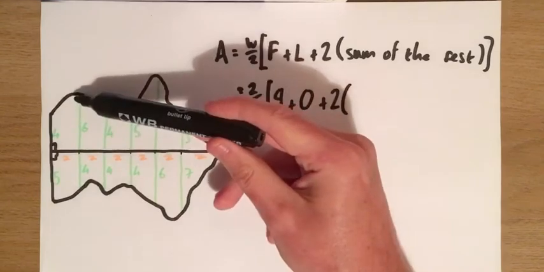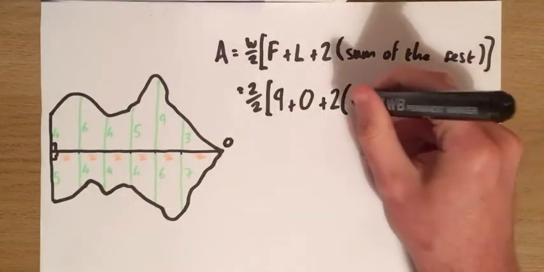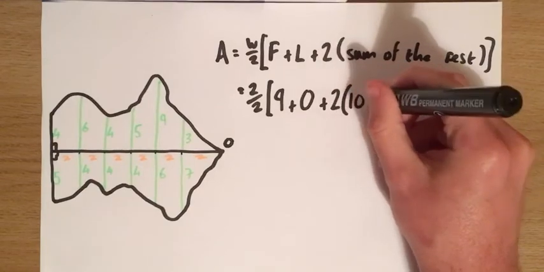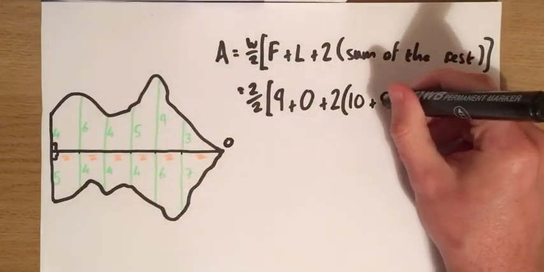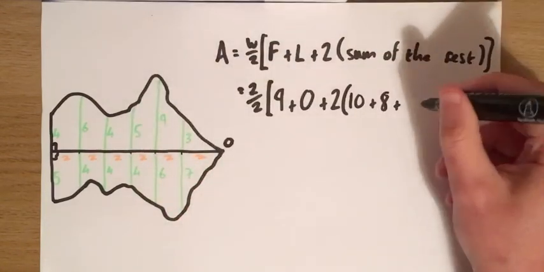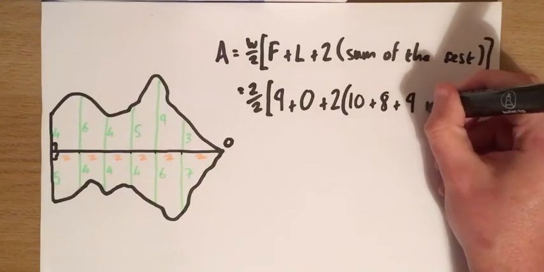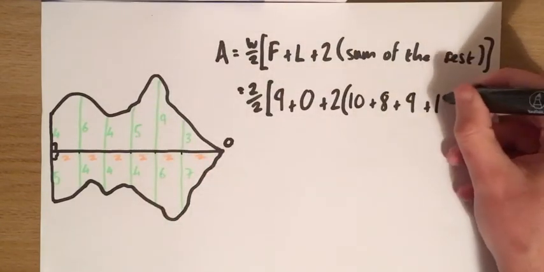Okay, so this one here is 6 plus 4 is going to be 10. Plus this one here is 4 plus 4 is 8. Plus this one here, 5 plus 4 is 9. Plus this one here, 9 plus 6 is 15.